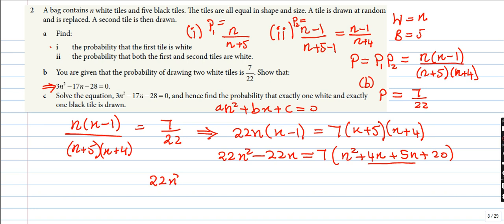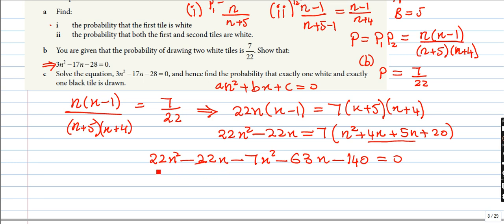So it's 22n squared minus 22n. There is a 7n squared that comes here with negative, minus 7n squared, and 4 plus 5 is 9n times 7, this is 63 positive, so it comes here as negative 63n, and 7 times 20 is 140 positive, so it comes here as a negative, equals 0.